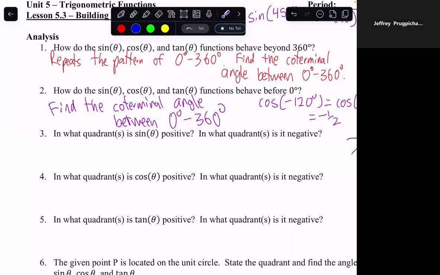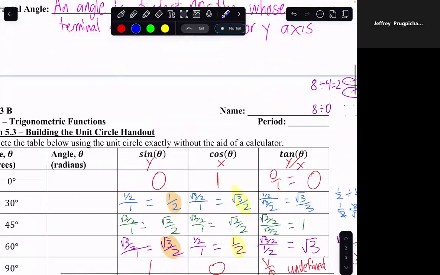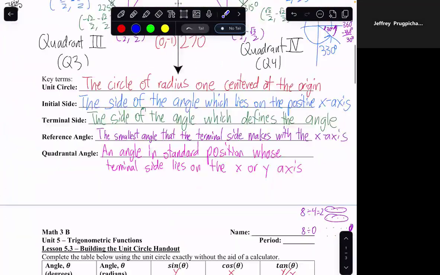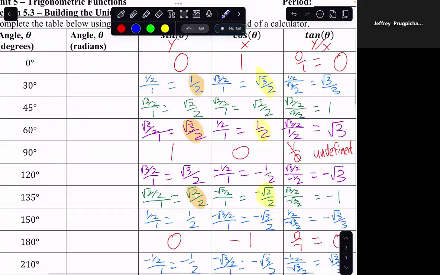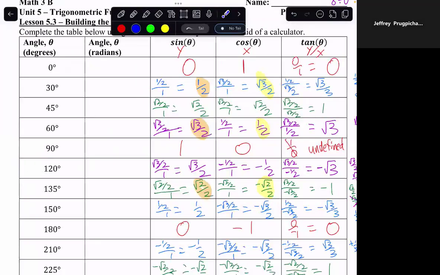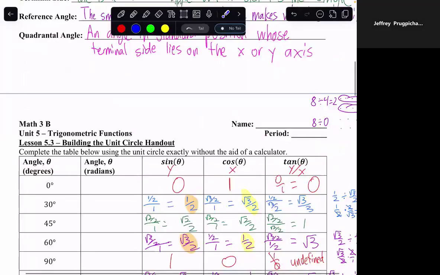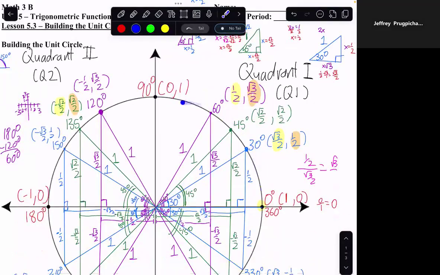So sine, where is sine positive? Maybe it's better to look here. Sine is positive for these and for these. So 30, 45, 60 all have positive sine, and so do 120, 135, 150. So in quadrants 1 and 2, sine is positive.